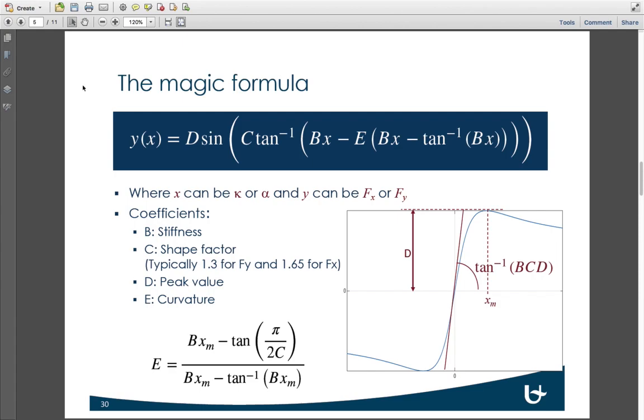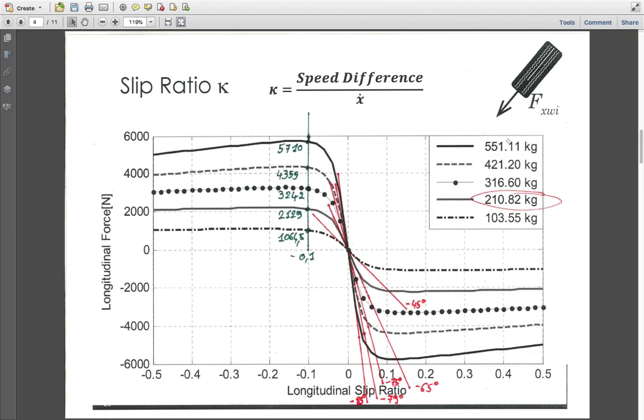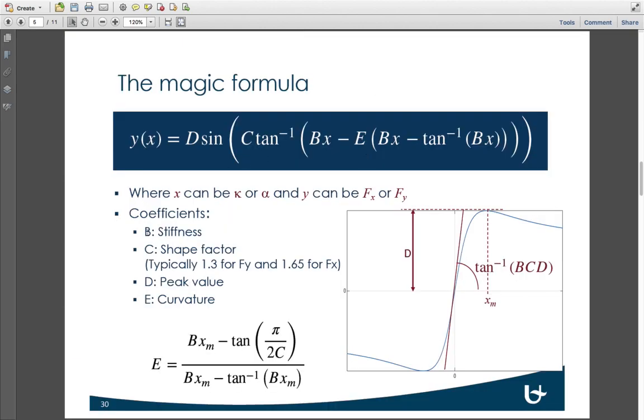in this form. So our challenge in the last lesson was to define B, C, D and E, but not just fixed values, because we have different curves for different masses of the car or different downwards forces on the tire. Therefore we had to find formulas for B, C, D and E depending on the mass.